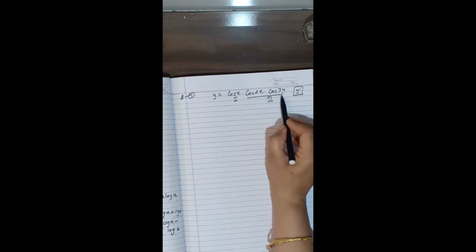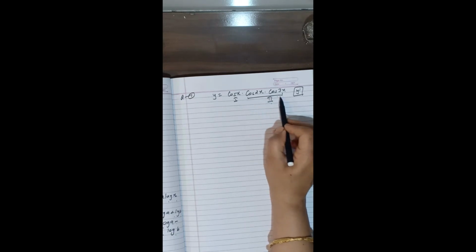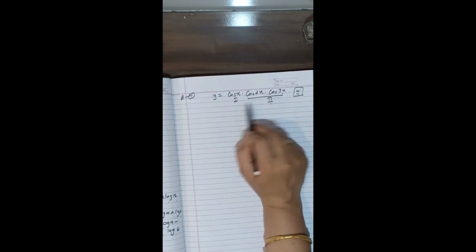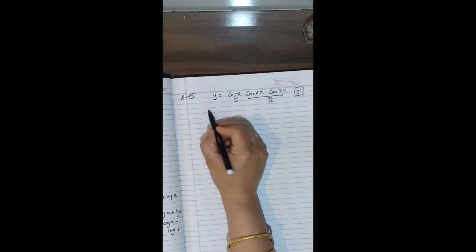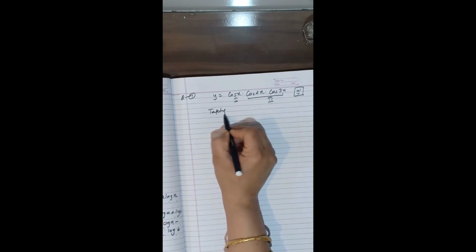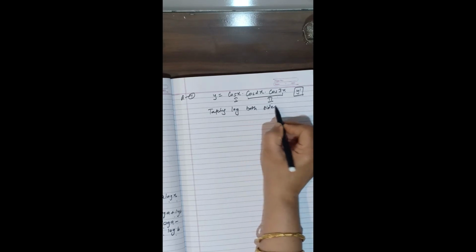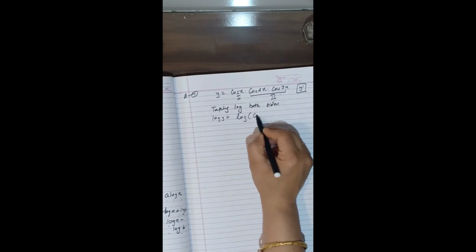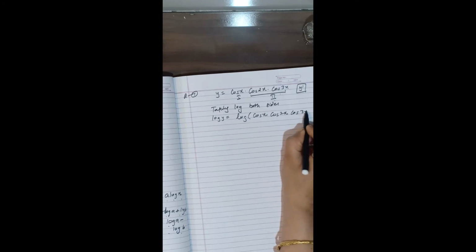When I come to find the derivative of the second function, again I need to apply the product rule. And sometimes what happens, in place of 3 functions, we are provided with 4 or maybe 5 functions. So in order to avoid such a long calculation, what I advise you, you can take log both sides. Taking log both sides, what you will get? Log of y equals log of cos x, cos 2x and cos 3x.